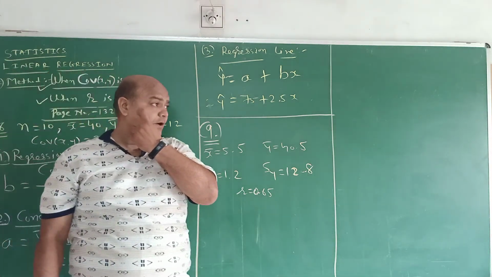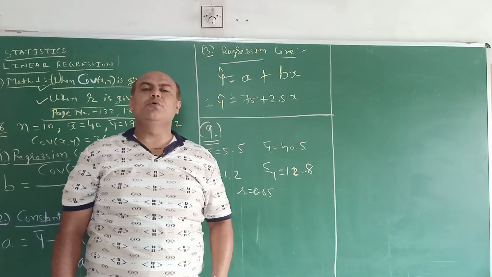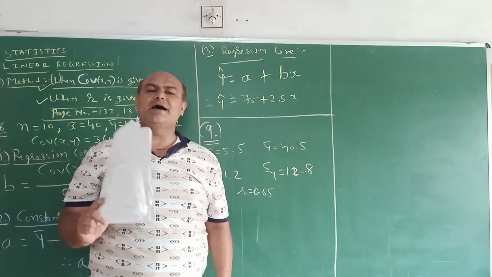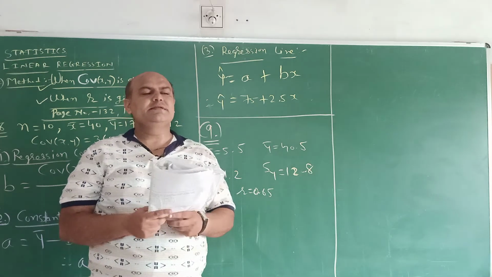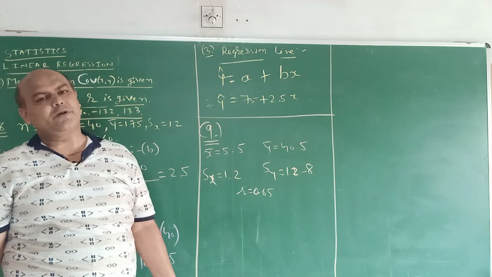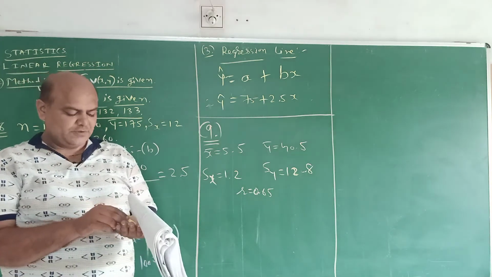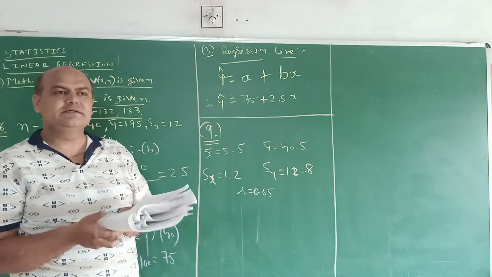So we have to apply the formula of regression coefficient when correlation coefficient, that is R, is provided in the question. In this type of sum also, no need to prepare any additional column. Just we have to put the values into the formula and get the answer.